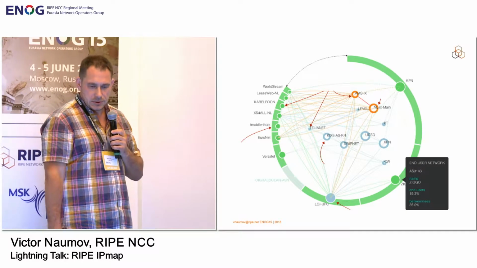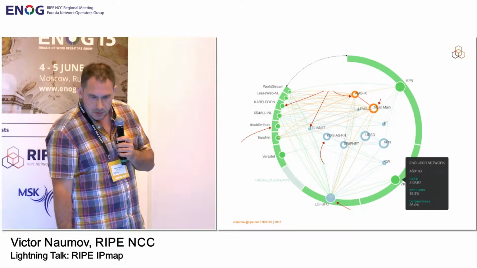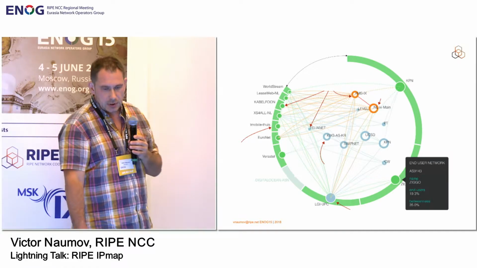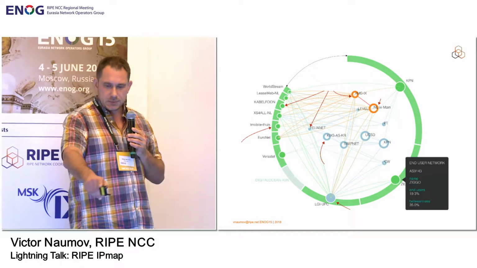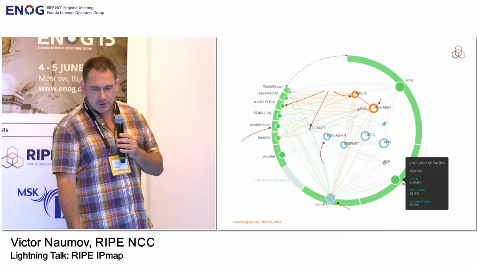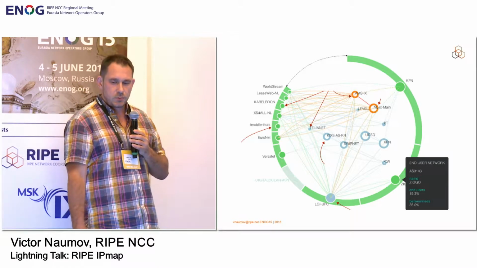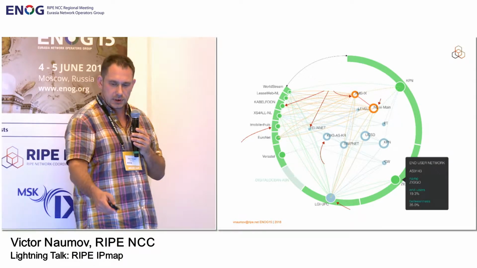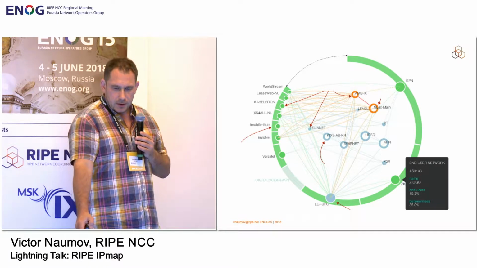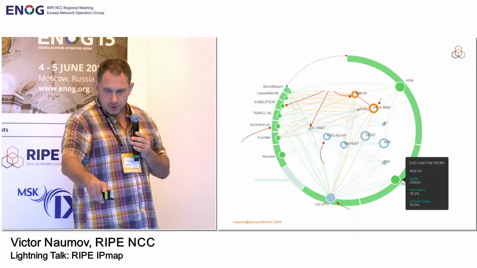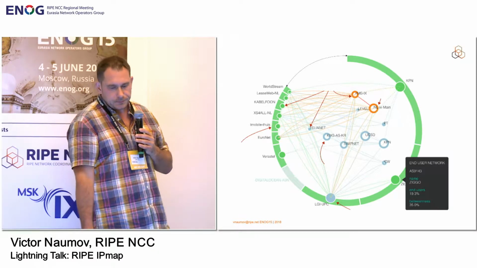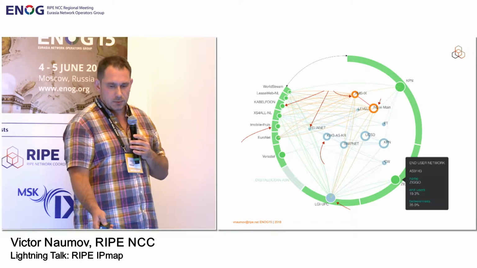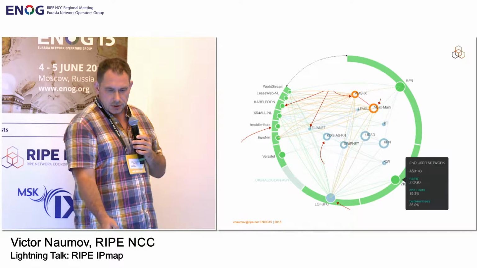It looks like this. It's a kind of segmented circle, and the size of each segment is proportionate to the number of users in a certain network. So, for example, this is Netherlands. The green little circle shows that it's an end user network. If it's blue, it's a transit provider.